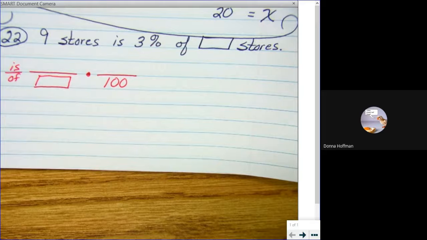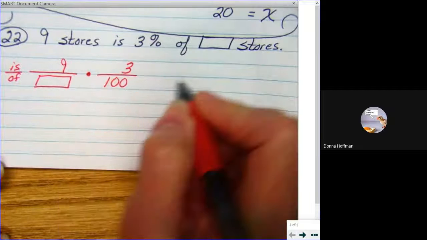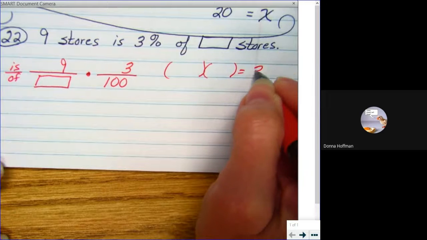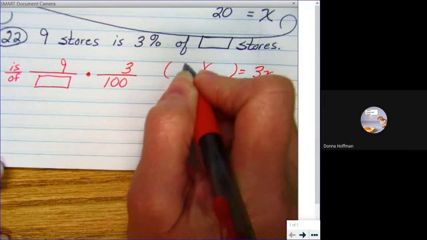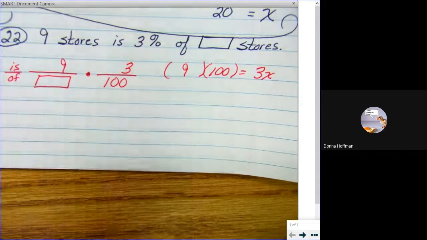And then what? 9 goes over the box. Good. And 3 goes over 100. Here would become mental math at this point, if this is where you want to take it to.